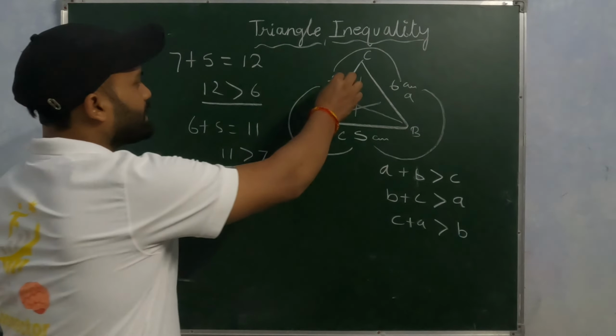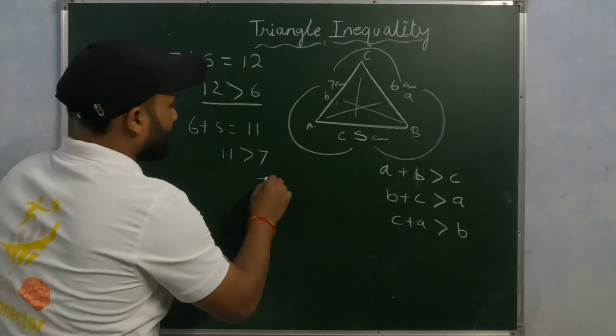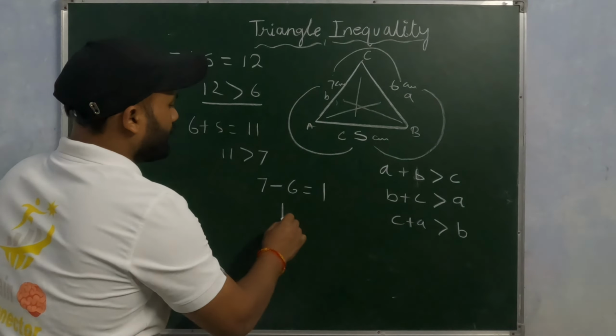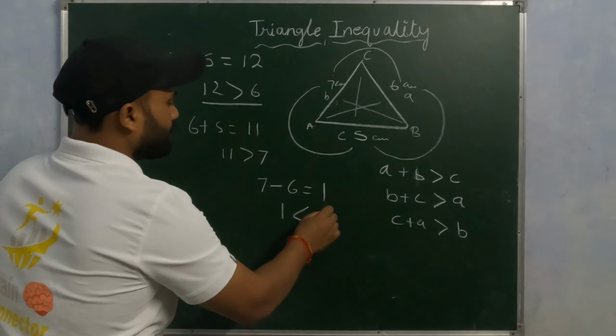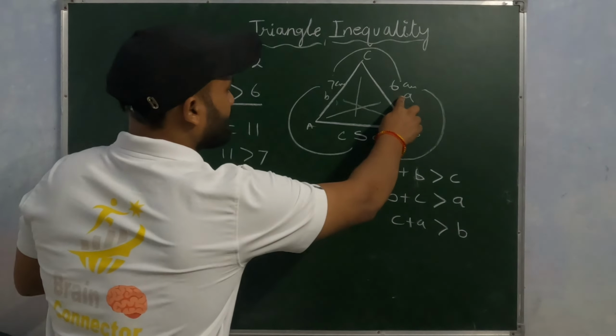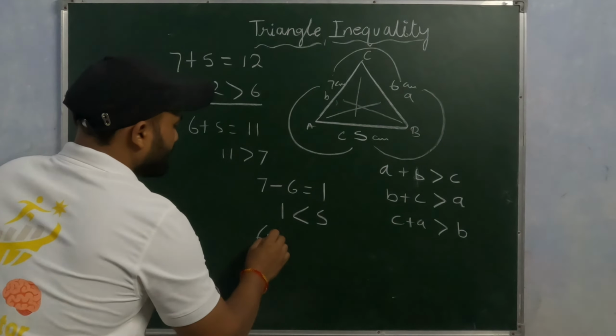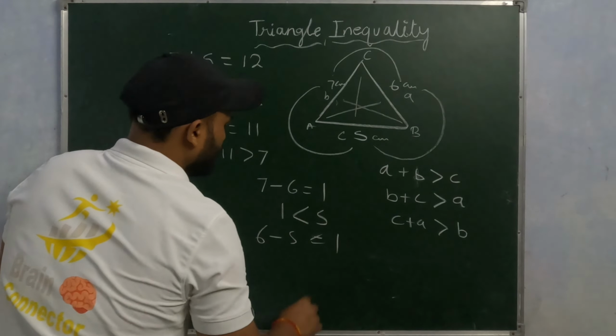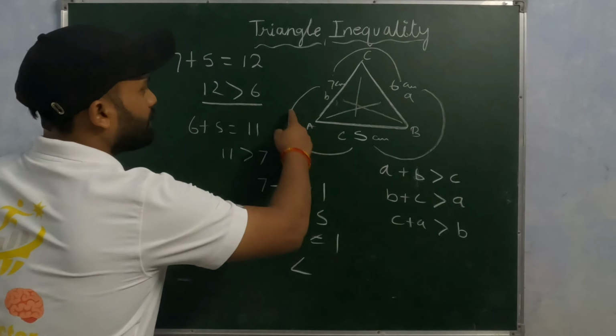Suppose you are subtracting 7 and 6, so 7 minus 6, you get 1, and 1 is less than 5. Okay, when you subtract 6 and 5, 6 minus 5, you get 1, and 1 is less than 7.